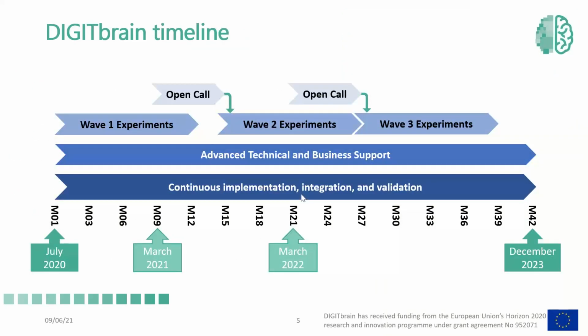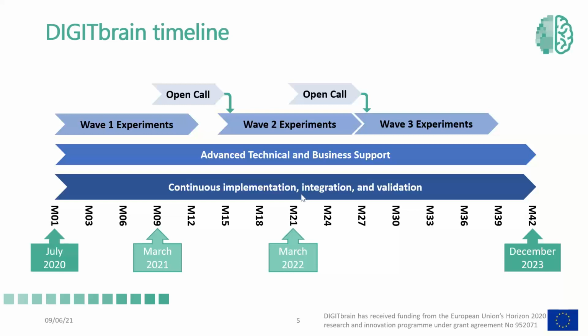To finalize, just to show the DigitBrain timeline, Giacomo has shown the timeline for this first open call. This is the overall timeline for the project. We are almost finalizing the first wave of experiments, and the first open call is already open. It will close by the end of this month, and the idea is to have another one next year, same time.